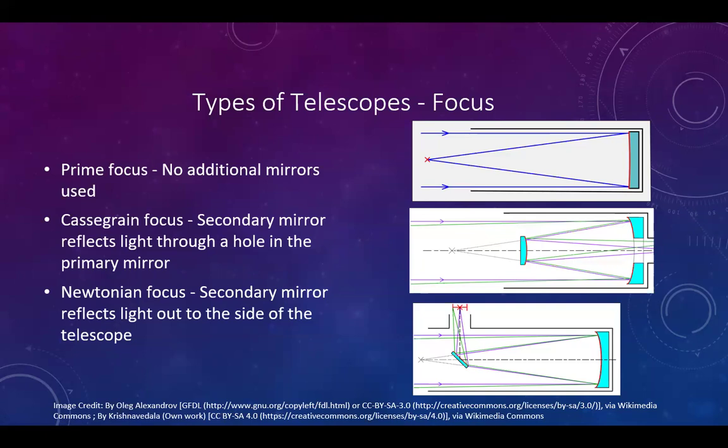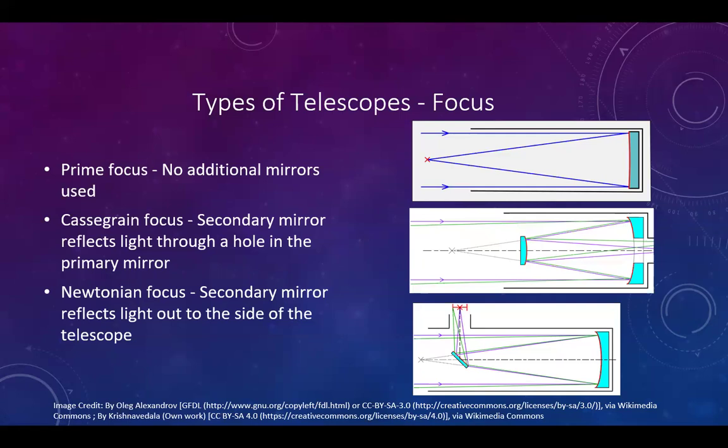Well, they are that common for optical telescopes using visible light. Radio telescopes tend to be prime focus. If you've ever seen a satellite dish, it's a dish with a detector at the focus. That's a prime focus. But optical telescopes tend not to use this because you have to get your detector out in space over here. It's inconvenient.